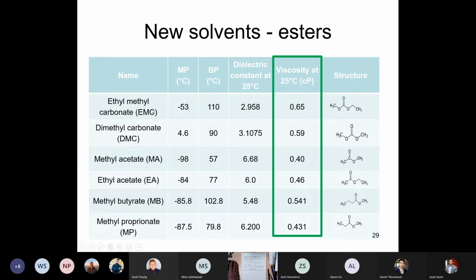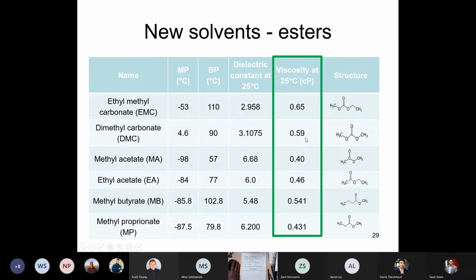If you take a look at EMC, ethyl methyl carbonate, its viscosity is 0.65 centipoise at room temperature. Just to put this into perspective, ethylene carbonate at its melting point of around 39 degrees C has a viscosity over 2.5 centipoise, so EMC is much lower. And then DMC, dimethyl carbonate, is even lower.